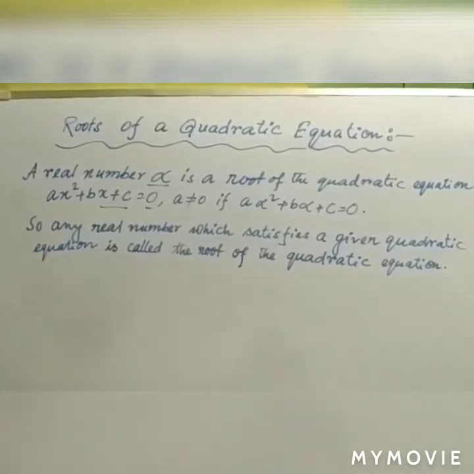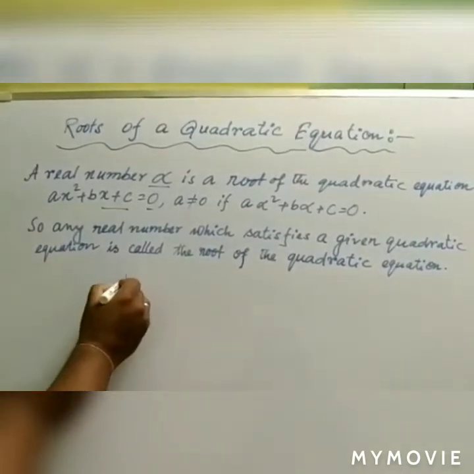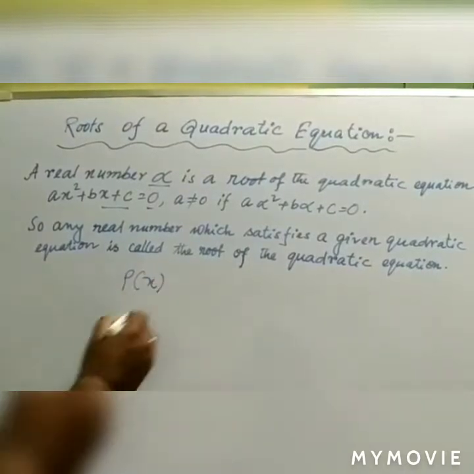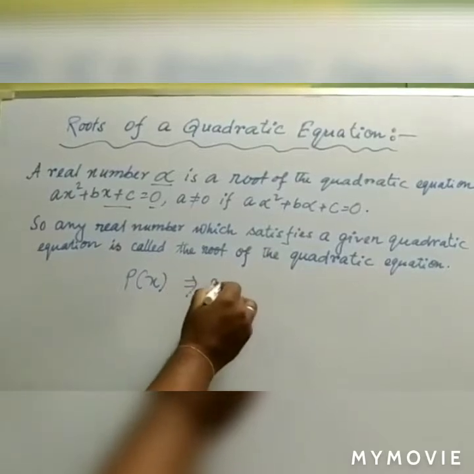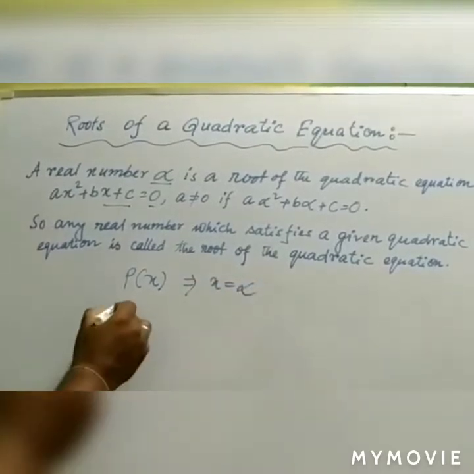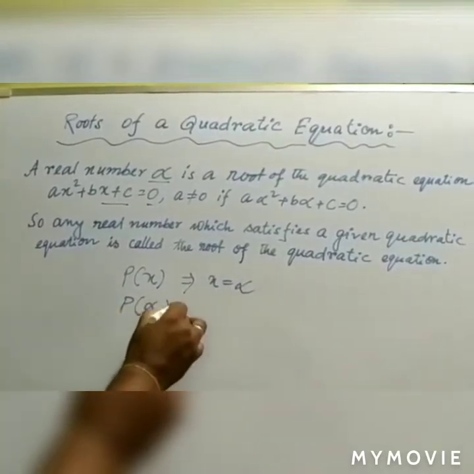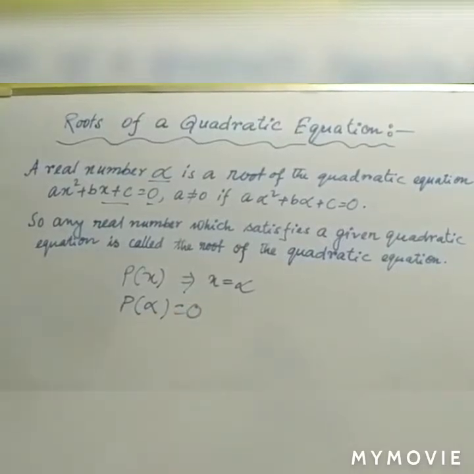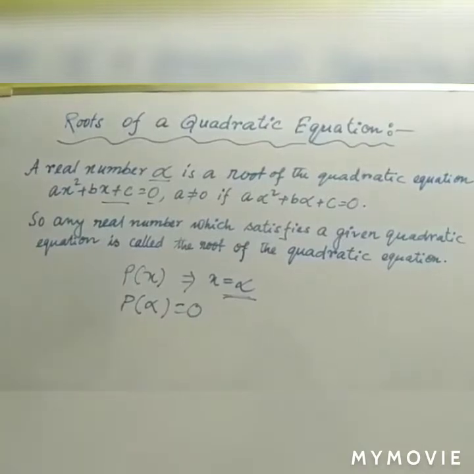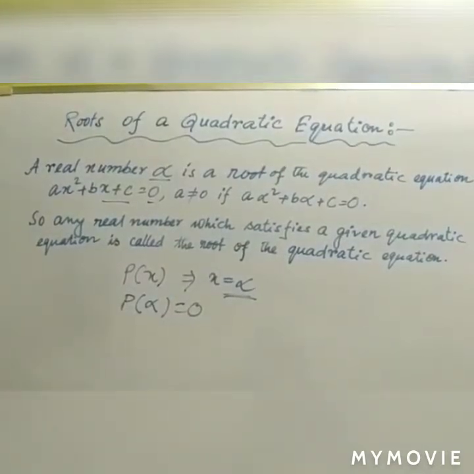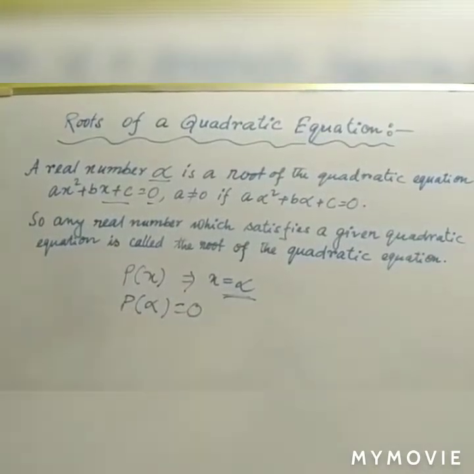There, p(x) was the polynomial, and for the value x equals alpha, if p(alpha) becomes 0, then we can say that alpha is a zero of that polynomial.